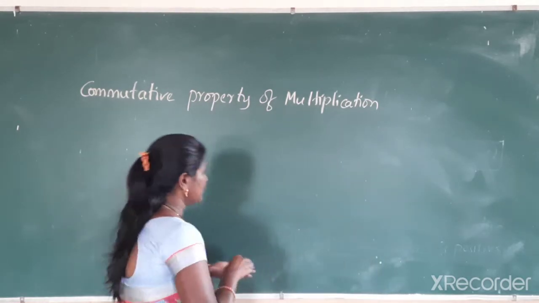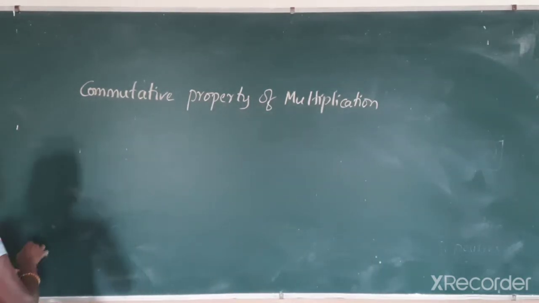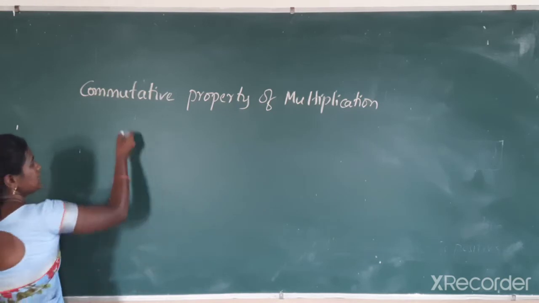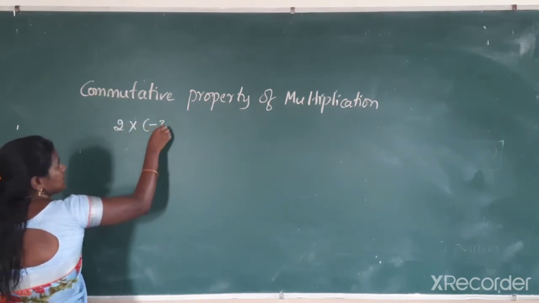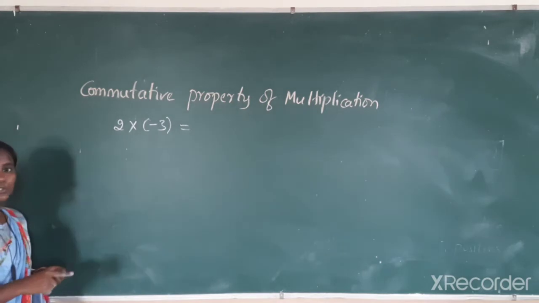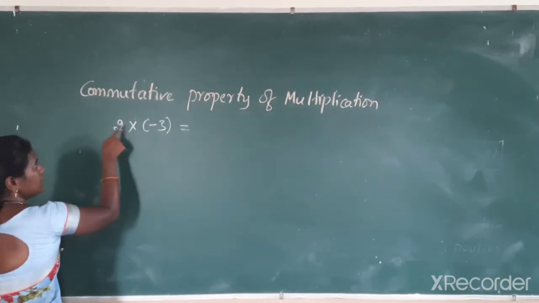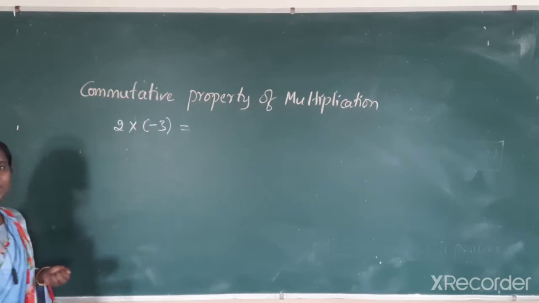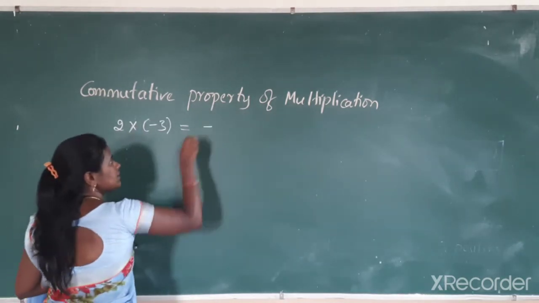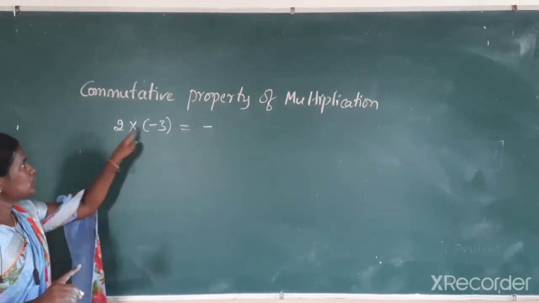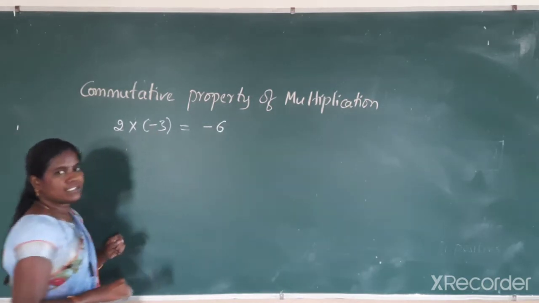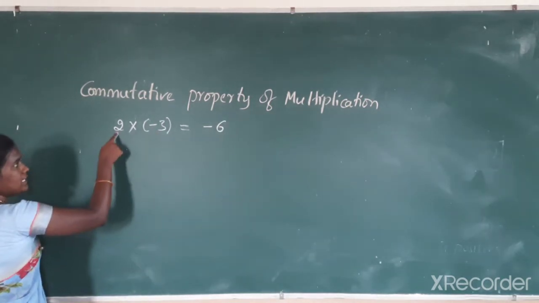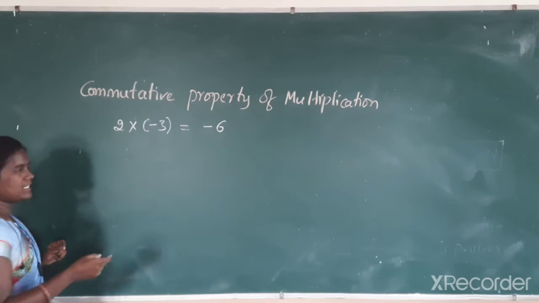Here I want to consider two integers: 2 into minus 3. One positive and one negative integer is there, so the answer is negative. 2 into 3 is 6. Here a is 2, b is minus 3.